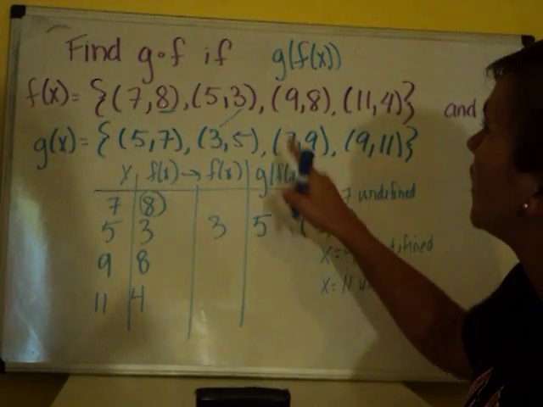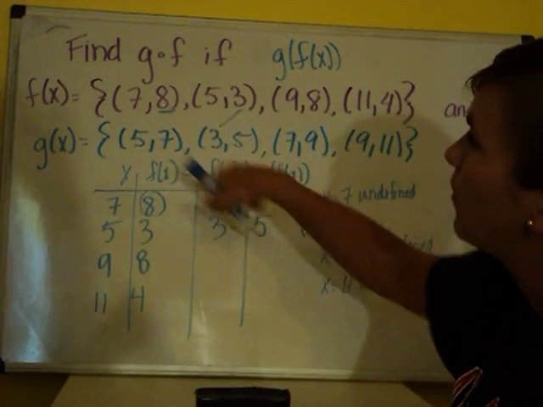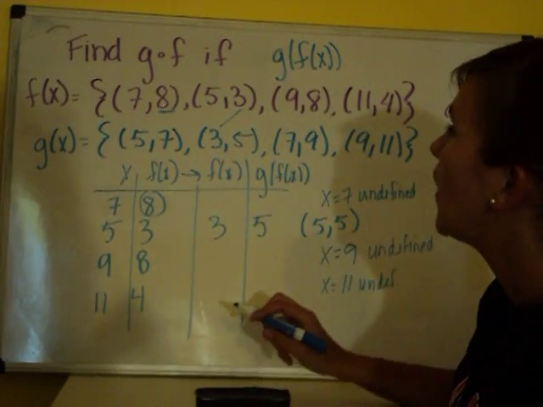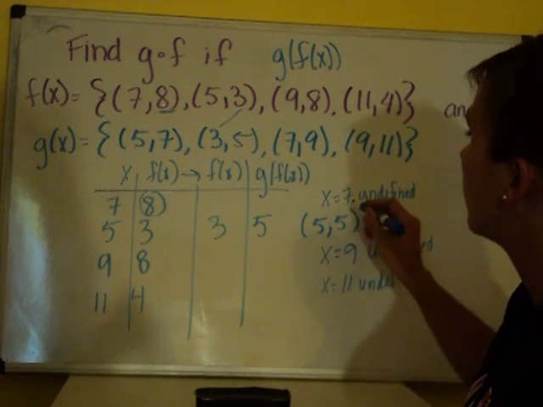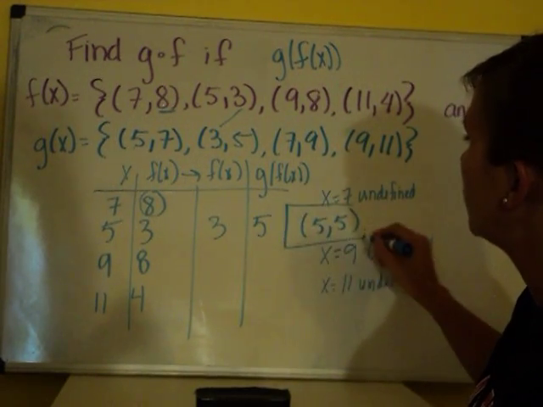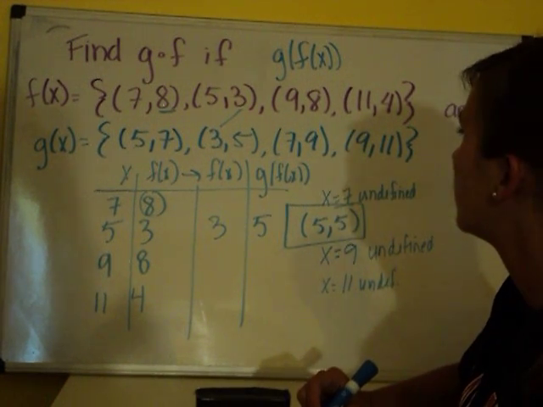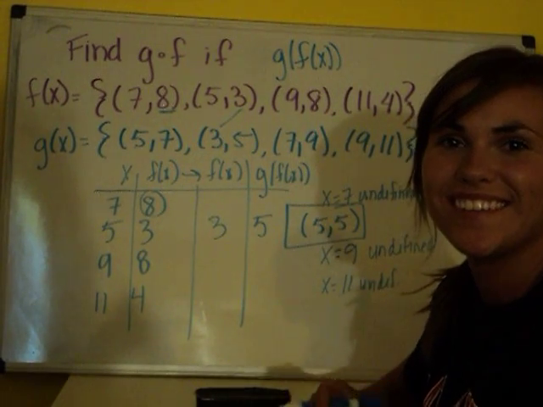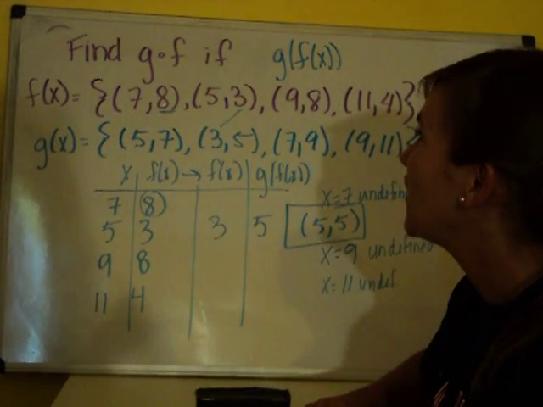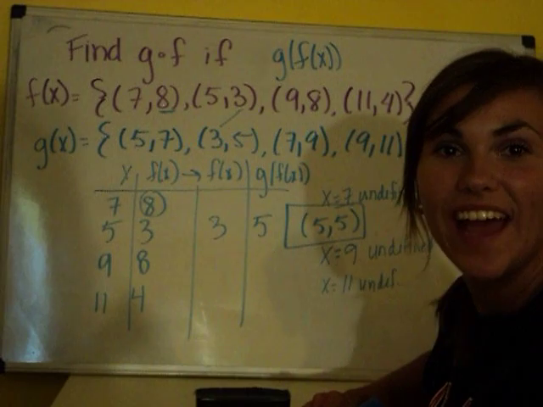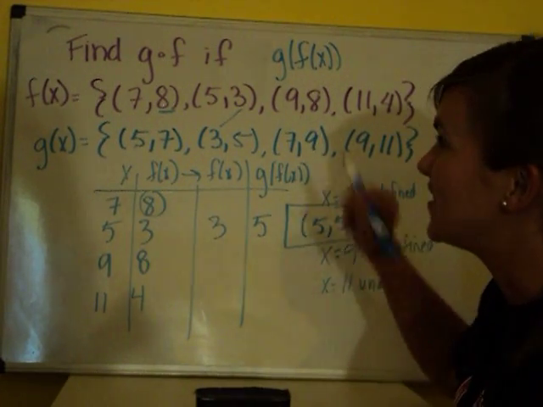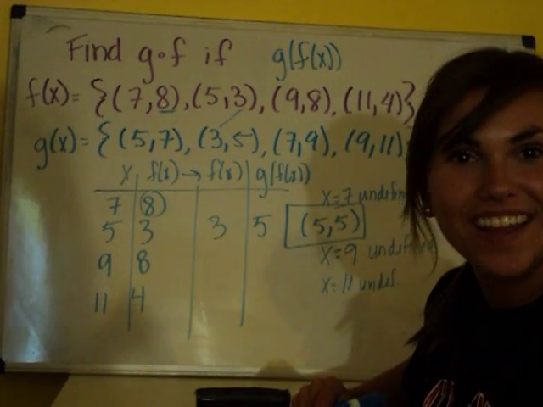So here, for these ordered pairs, my only g of f value is this, 5, 5. Okay? For extra credit, I want you to calculate f of g using this example and see what you get. Okay?